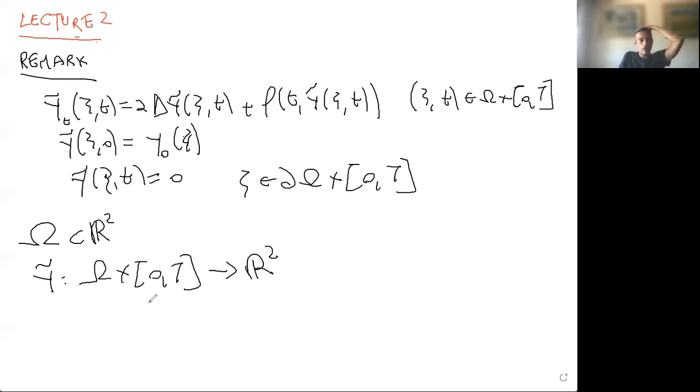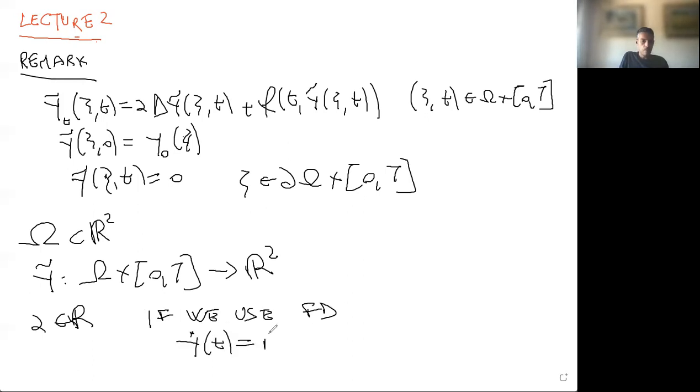Again, we have a parabolic PDE. Alpha is a real number. We have a nonlinear term. So if we use finite differences, we will get something of the form that was discussed in the previous lecture, plus the initial condition.